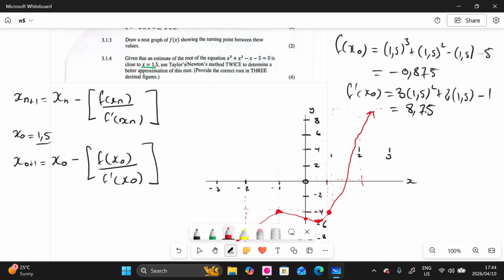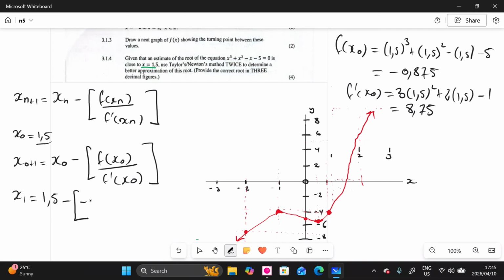There we go. Now that we have our f prime of x0 and f of x0, we can substitute these there. I hope you guys can see what's happening. Right, let's do it. So we can say x0 plus 1, which is the same as x1, is equal to, but x0 we said is equal to 1,5. So let's write 1,5 minus, open bracket. Now here we have to write f of x0. We know that f of x0 was negative 0.875.